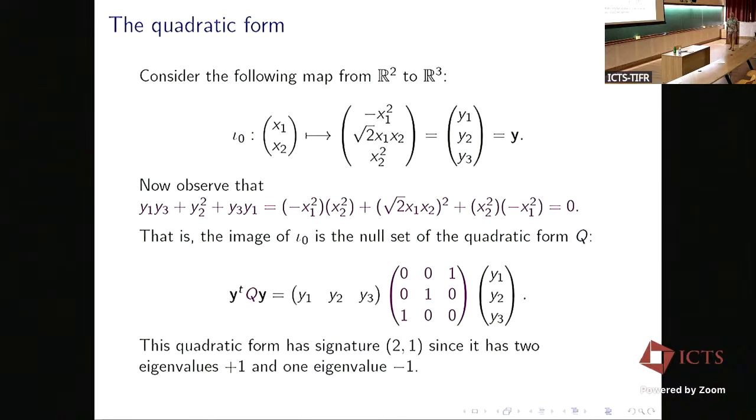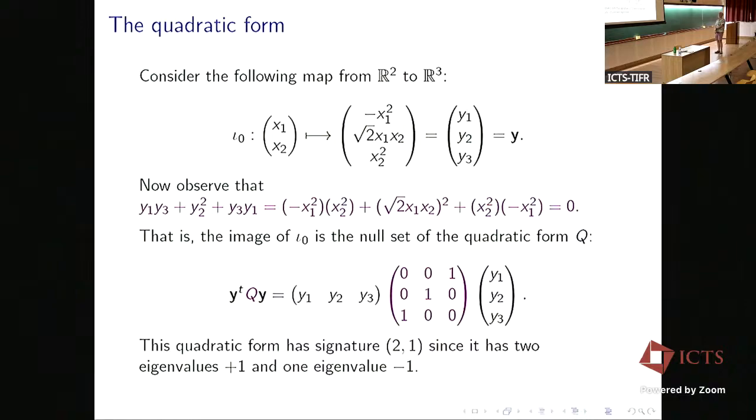Now, if you observe that if we take y1 y3 plus y2 squared plus y3 y1, let's just substitute in all of the x values, I see that that equals 0. And the reason I've chosen these root 2 and minus 1 is just to make this a nice equation, because I like that equation more than I like this equation. Okay, so what have I done?